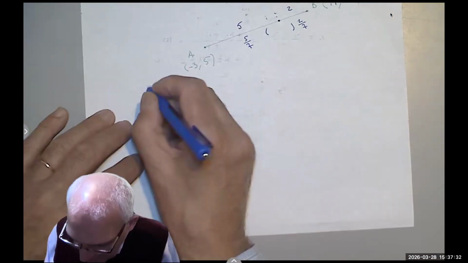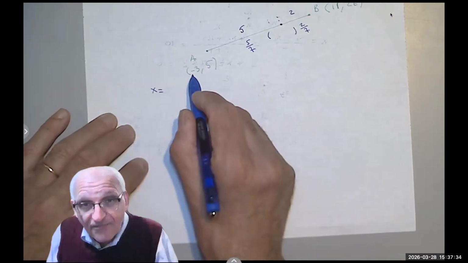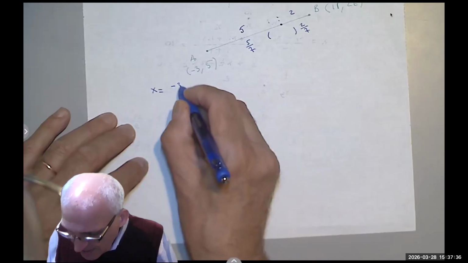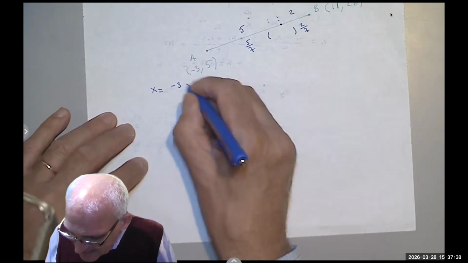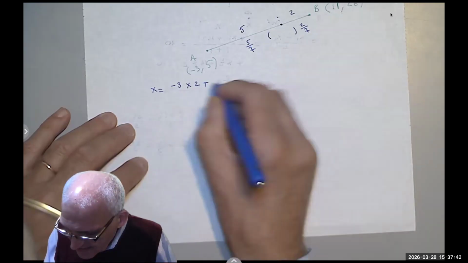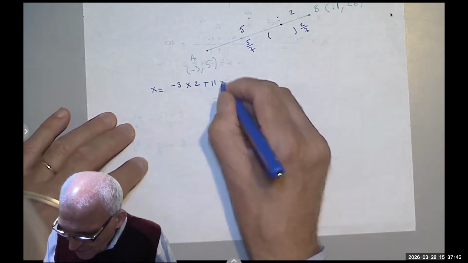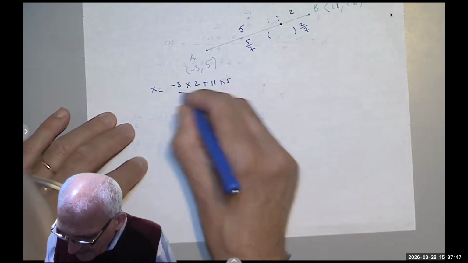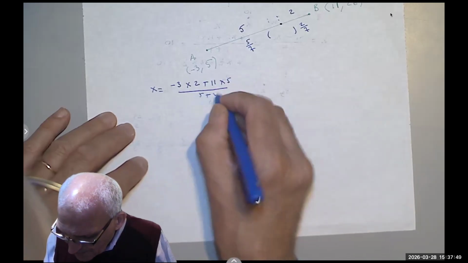So in this case, to calculate the x, I'm going to take the first x, which is -3, and multiply it by the second proportion, and then take the second x and multiply it by the first proportion, and then divide by 5 plus 2.